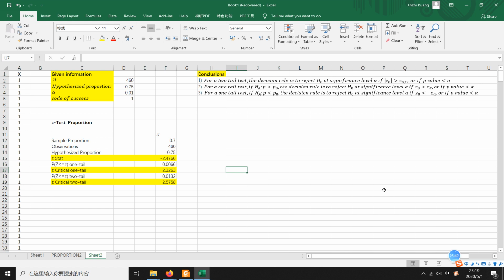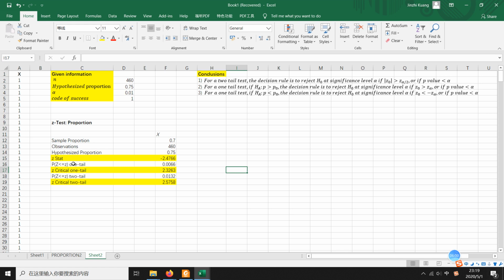On the contrary, if the p-value is higher than or equal to the alpha level of significance, then H0 is not rejected at alpha level of significance.